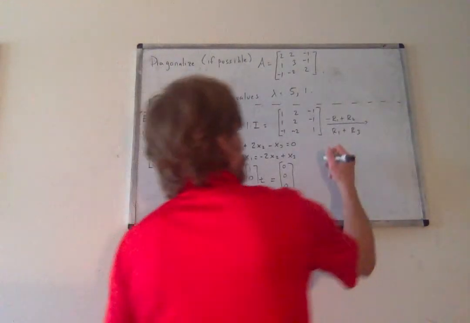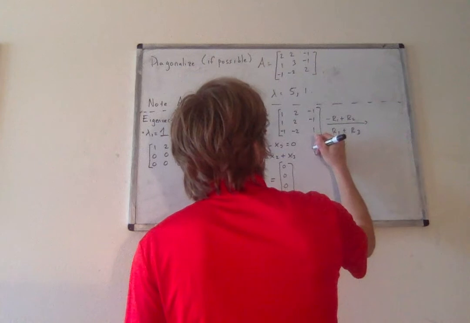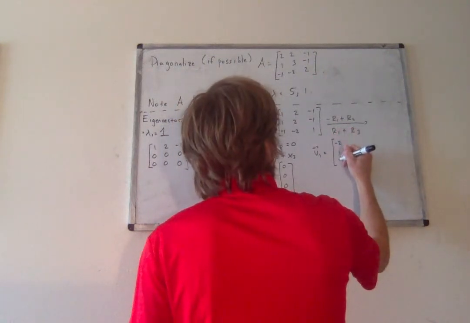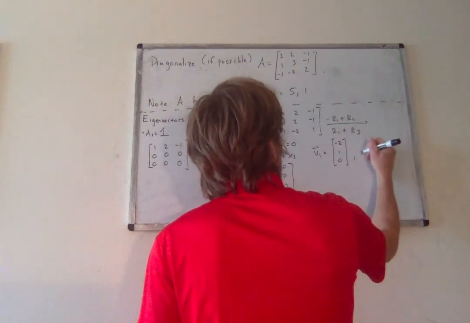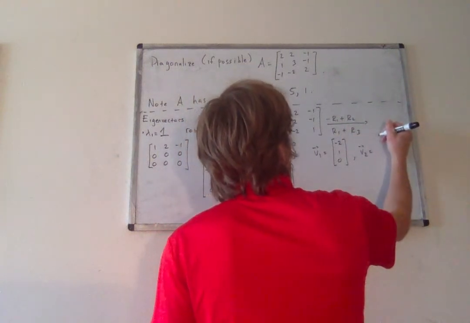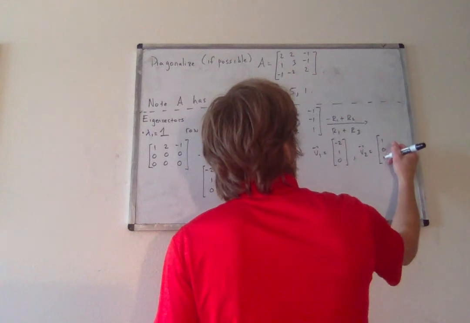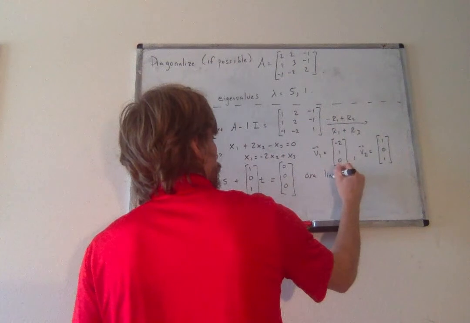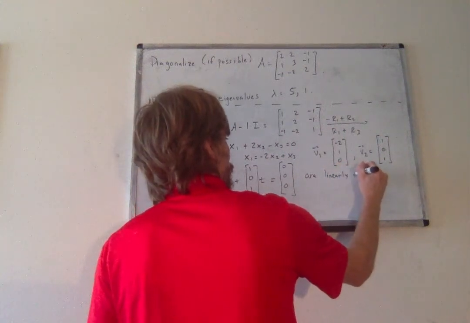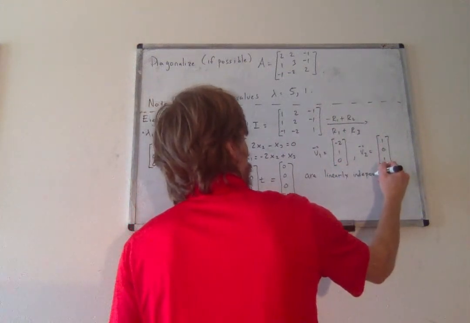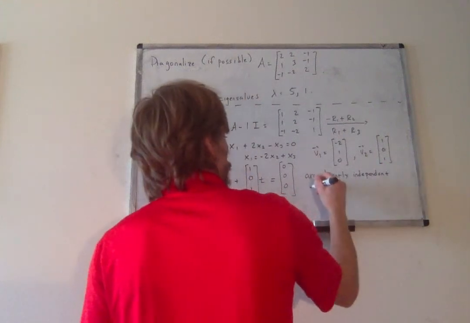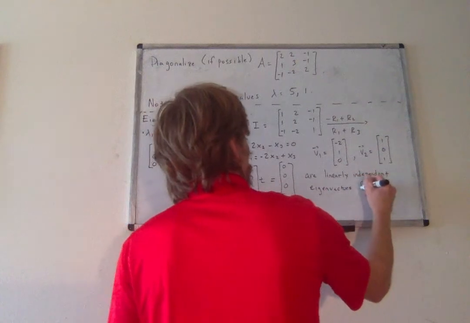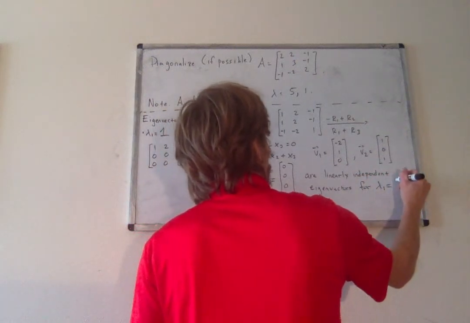So this means that I have 2 linearly independent eigenvectors for the eigenvalue lambda 1 equals 1.